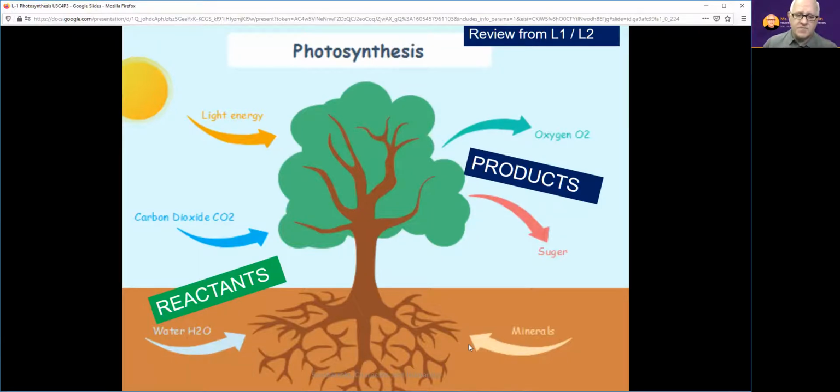on ecology. But remember, when we look at the chemical reaction here, we're going to take the light energy from the sun that lands on the chloroplast in the leaves. The carbon dioxide gets taken into the plant or the tree in the underside of the leaves through the stomata.